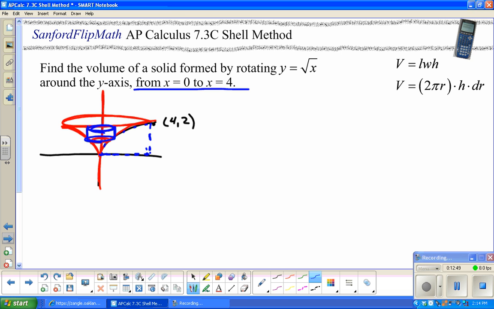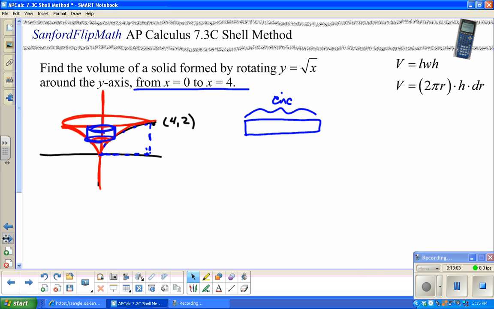So again, the idea here is I'm going to take that little circle-y thing and unroll it. This distance is the circumference around there, and circumference is 2 pi r, and the radius in this case is the x value. And the thickness of each shell will be dx.